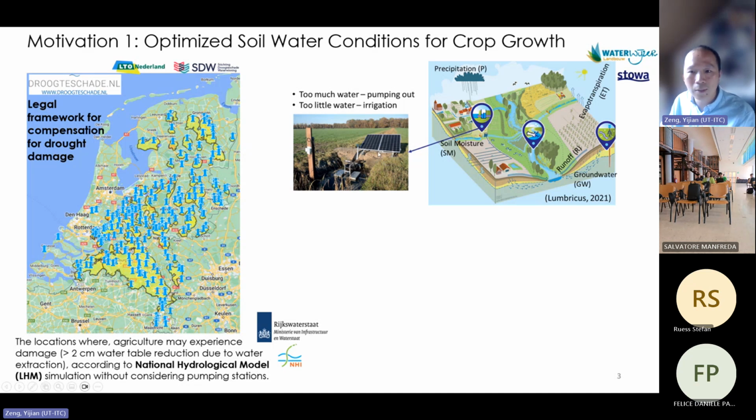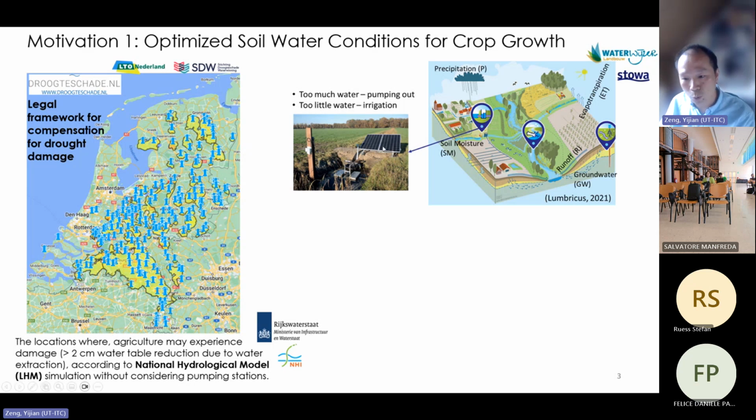Water irrigation and management in the Netherlands is actually quite straightforward, because most of the time it is a very wet place, and particularly this year it is 3 times wetter than usual.